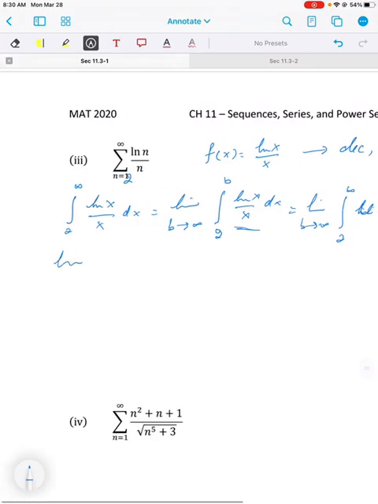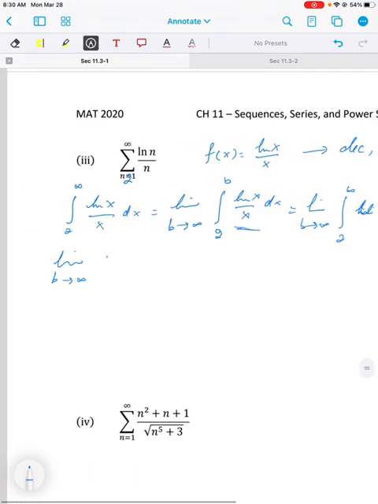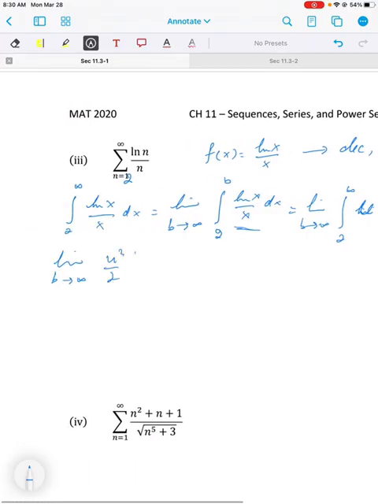which is going to give us u square over 2. So limit as b goes to infinity, and when we integrate we get u square over 2 from 2 to b.